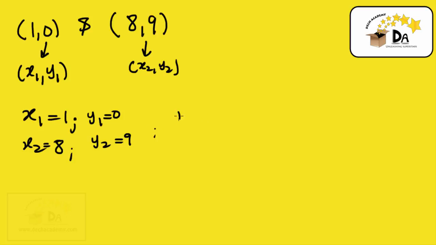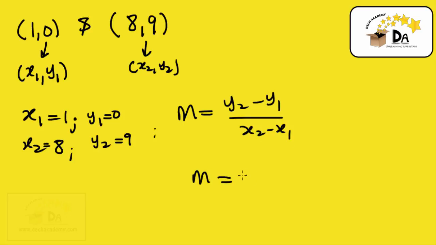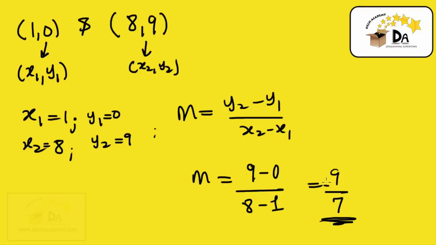And using the formula, m is equal to y2 minus y1 over x2 minus x1, we know that the gradient of the line is 9 minus 0, divided by 8 minus 1. Which gives 9 over 8 minus 1, which is 7. 9 over 7 is our gradient. So this line also has a positive slope.